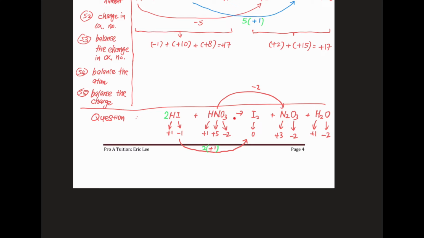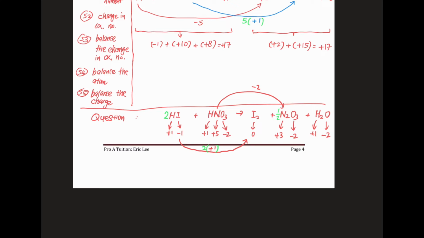The other thing that you need to balance here is based on this one, right? You're not going to times any number because the change is the same already. So 1 nitrogen will be enough already. 1 nitrogen. But here 2 nitrogen, what should we do? We just make it to 1. We multiply with 1 over 2.